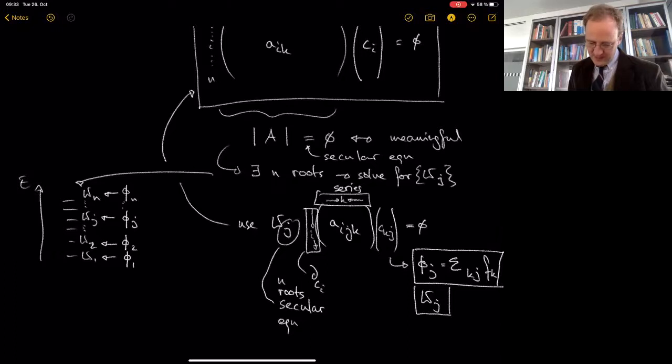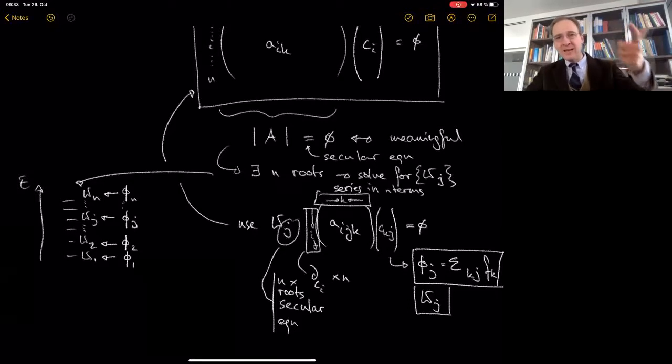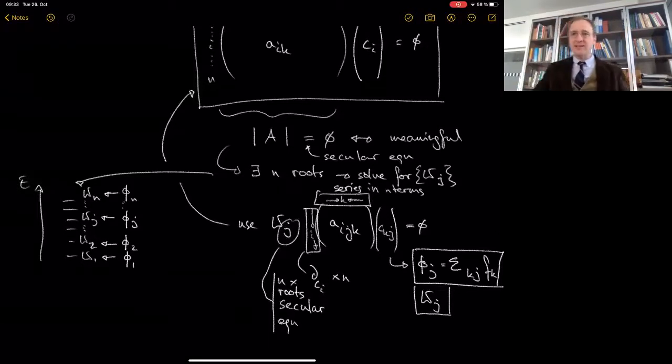We have n roots of those. We differentiate n times, and in the series you have n terms. So you have an n times n space. That's what you have to live in. That's the world of the electrons of your system.